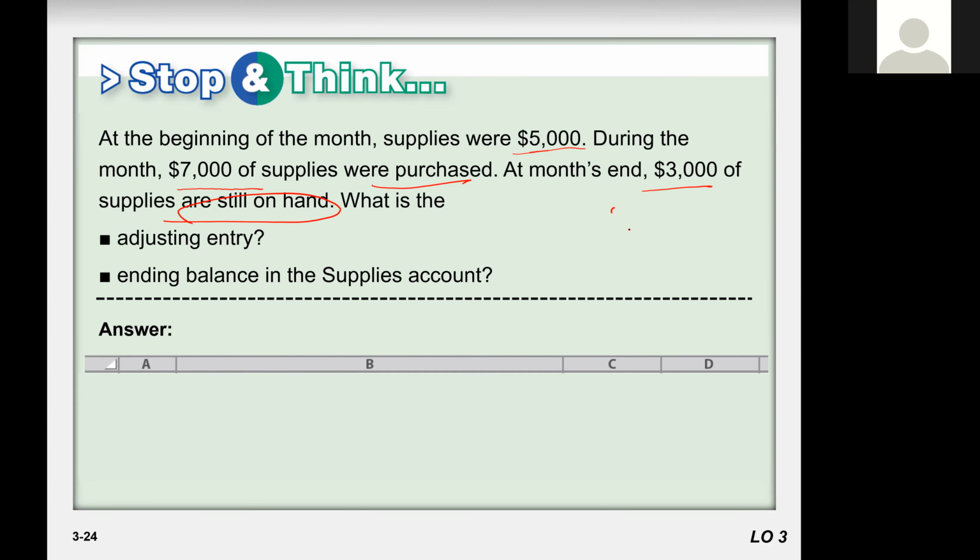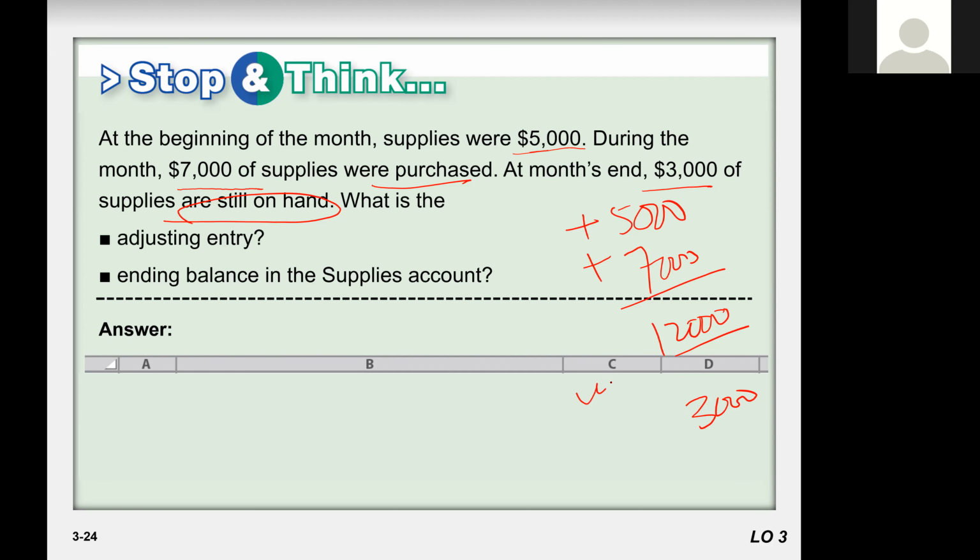So 5,000 were on hand. You purchased 7,000. How much? 12,000. So your complete balance of supplies is 12,000. On hand right now, you have 3,000.